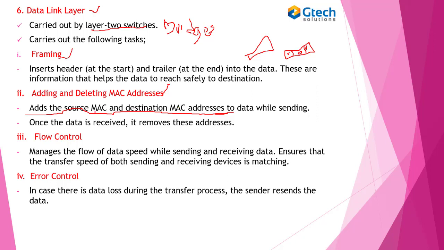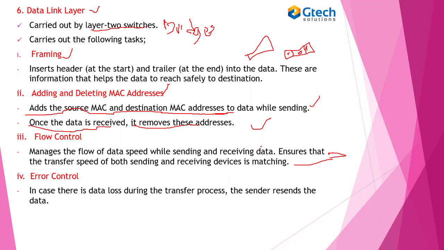Then, once the data is received, these destination MAC addresses or source MAC addresses are removed. So you understand this one, adding and deleting. Flow control. As explained in the transport layer, flow control manages the transfer speed between the 2 devices.